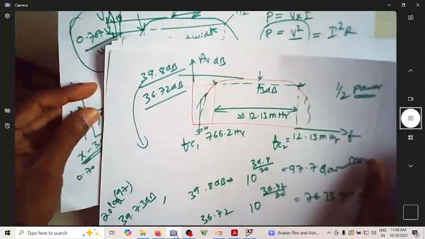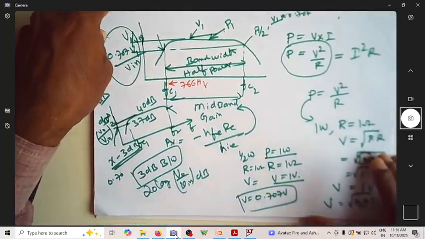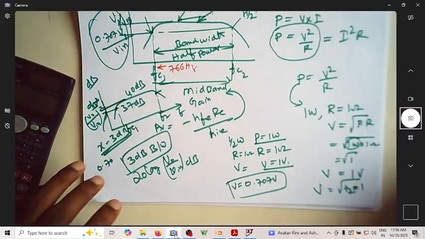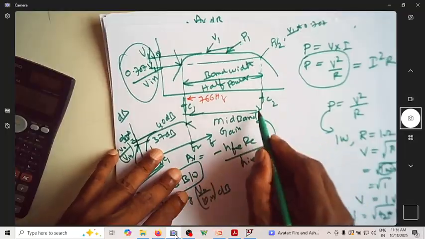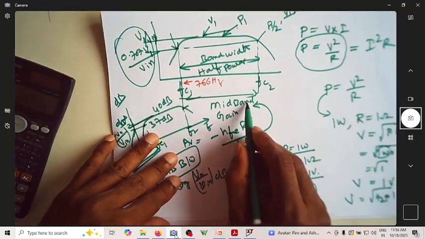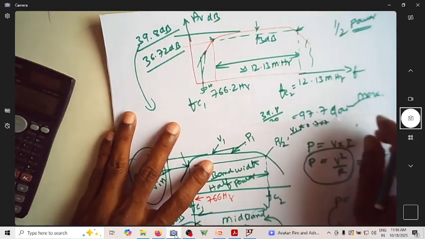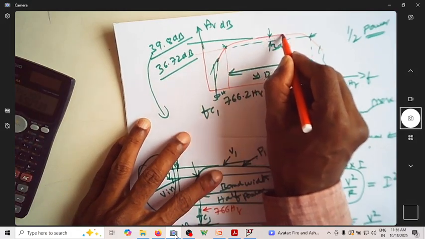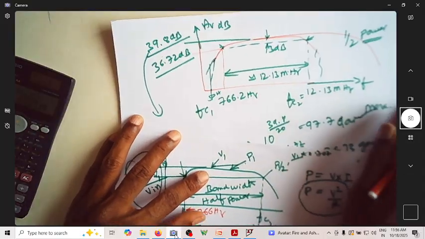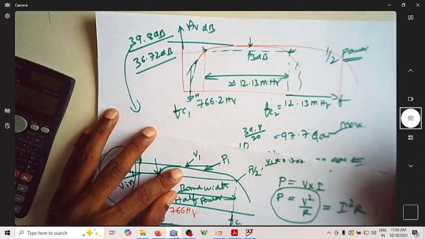So we looked into input impedance, output impedance, and bandwidth of the amplifier. These are the important parameters for a good amplifier. This is one bandwidth which we got as 12.13 megahertz. If the bandwidth is more and more, it is better and better for an amplifier.